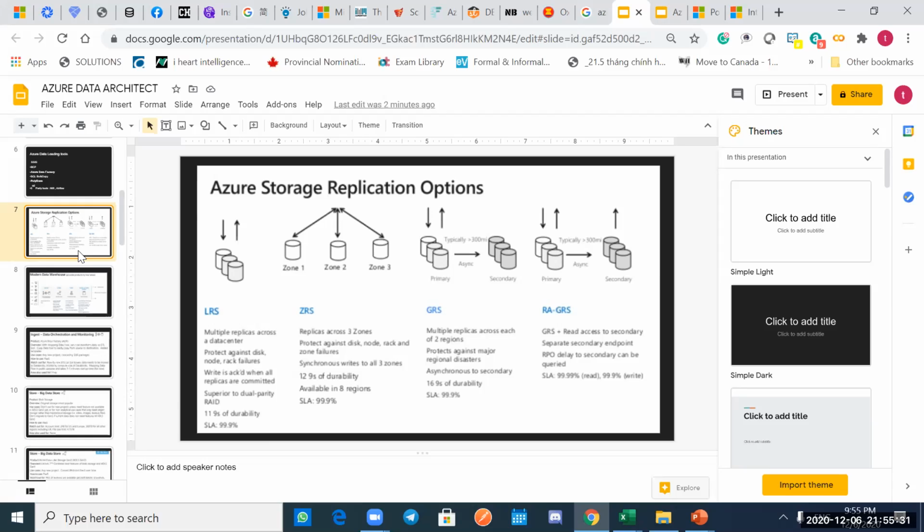The whole country would have a network failure, right? But if you have 3 different zones, for example in America and Europe, then you know that your data is still available in zone 2 or zone 3 in Europe or America. So that is zone replication.